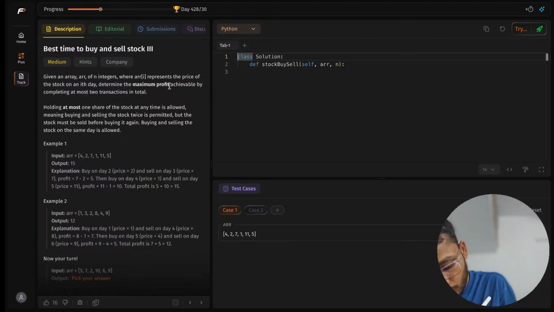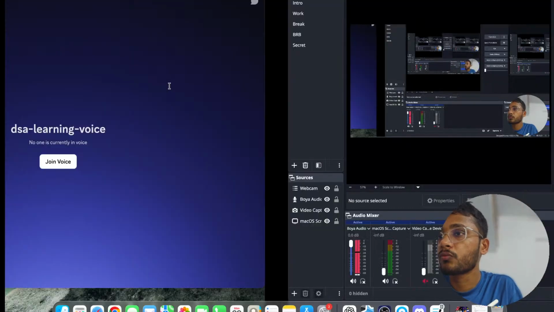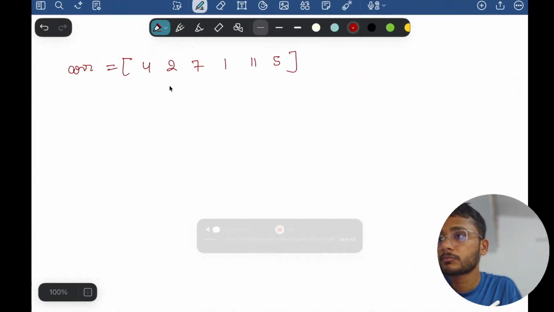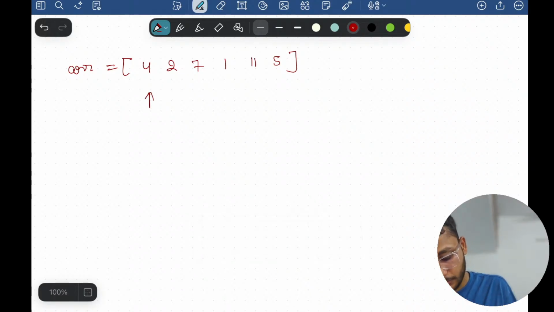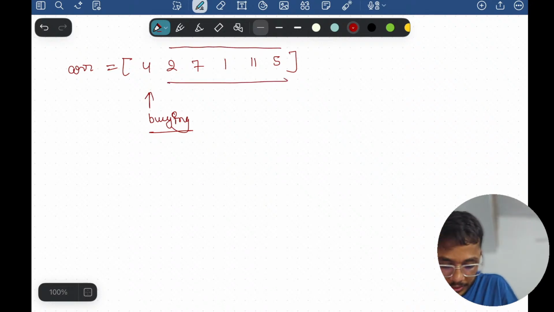Okay, so what I'm thinking, if you have only two options, suppose you are buying something here, then what will you say? You will say to this array, I bought it.